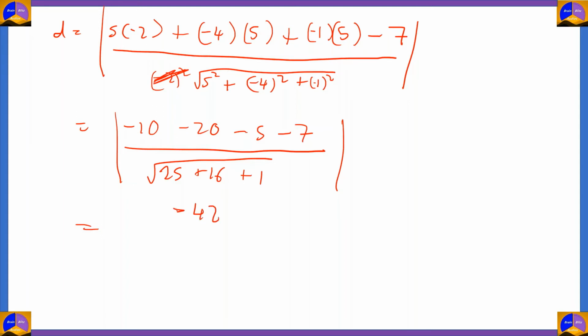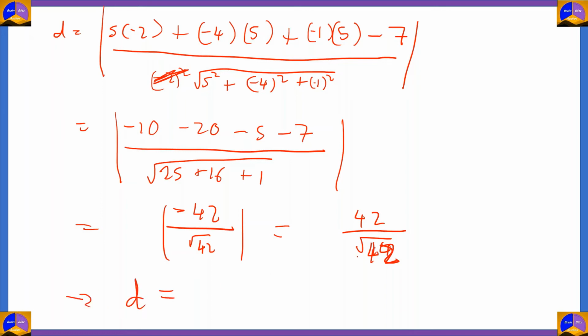Over here, everything has a minus, so it's minus 42 whole divided by 25 plus 16 is 41, 41 plus 1 is 42. So minus 42 by root 42, whole modulus. And since it's inside a modulus, everything here will become positive, 42 by root 42. So the final distance d will be equal to root 42 units.